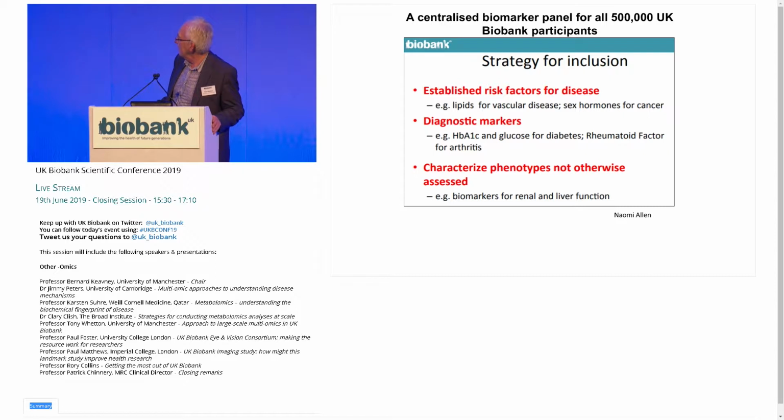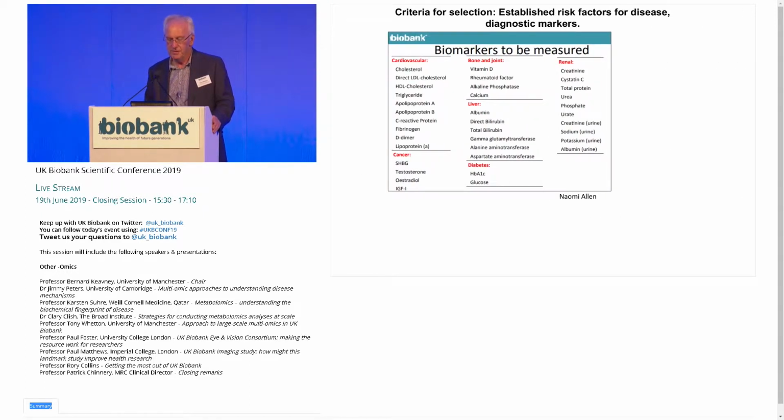And then when we get down to characterizing phenotypes not otherwise assessed, biomarkers for renal and liver function, we'll find small molecules. And I think maybe some proteins. Yes, there are some proteins. So in respect of liver, for example, you do have some proteins down here. And diabetes, you've got hemoglobin there, proteins over here.